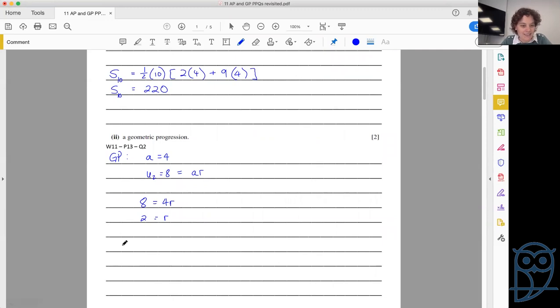So again, nice and predictable. S10 equals A times. Now I have to admit I always do 1 minus R, not R minus 1 because I just find it easier to remember based on that sum to infinity. So I would have 1 minus 2 to the 10 all over 1 minus 2.